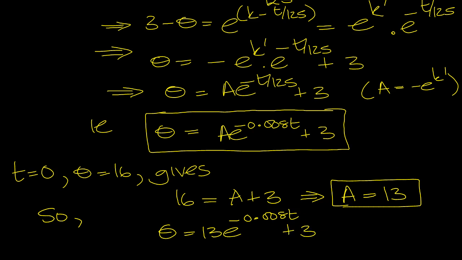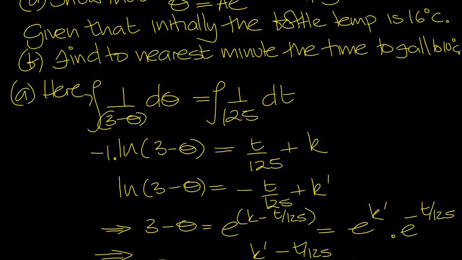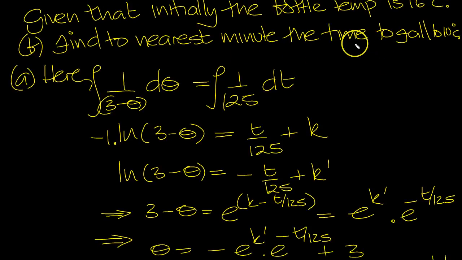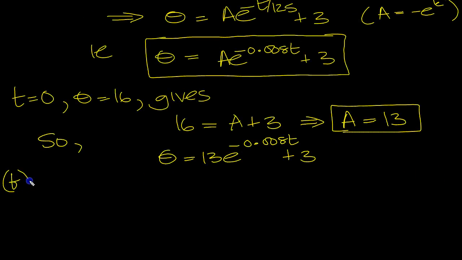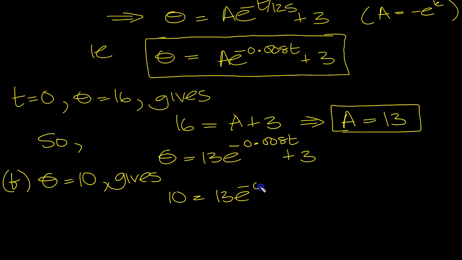Theta equals 10 then, because that was the next part of the problem. Find to the nearest minute the time for it to fall to 10 degrees C. Part B. Theta equals 10 gives, so 10 is equal to 13 e to the minus 0.008t plus 3.